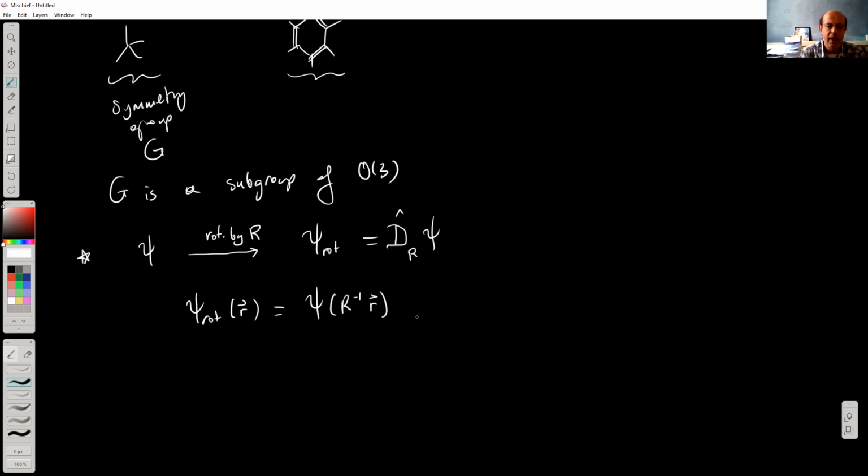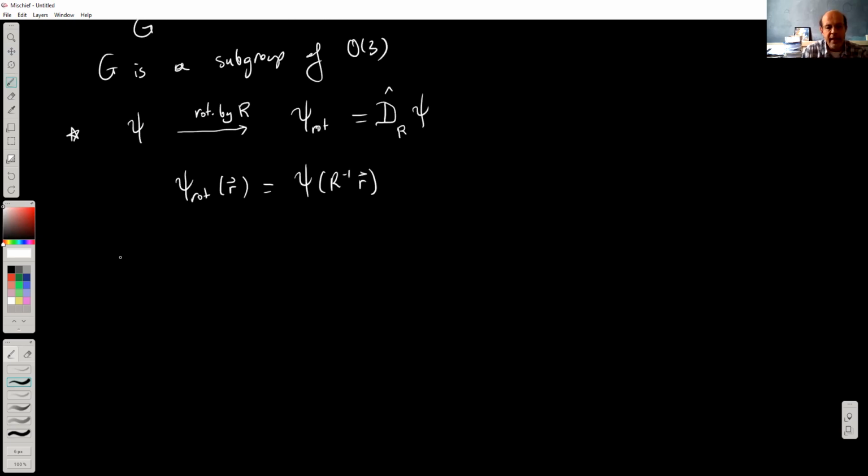Okay. And then I have shown that D_R is unitary. It's a unitary map on the vector space of the possible wave functions of this physical system. It's actually called a Hilbert space, but I don't want to go into these kinds of things.